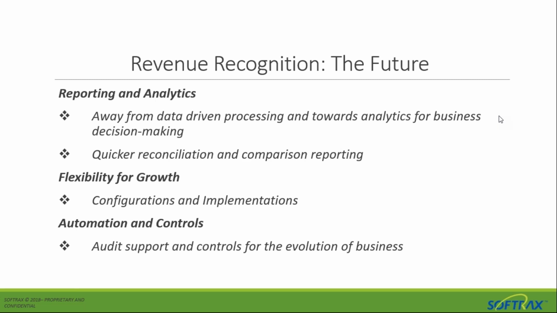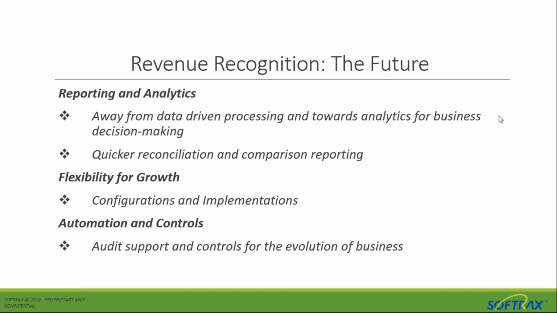They need those tools in place, and they need those out-of-the-box functions, as well as custom reports and the ability to do what they want to do that's specific to their business model, and then be able to have it segmented based on the business model, as well as flexibility for growth and configuration.